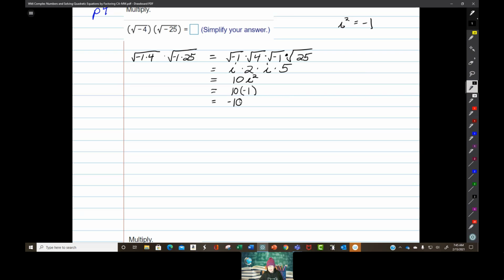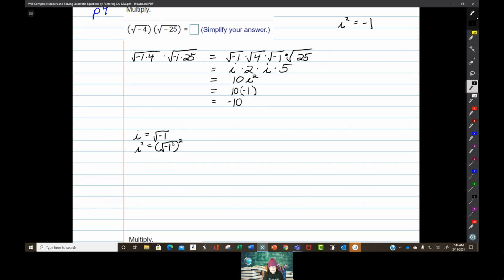Now here's why i squared equals -1. We know that i equals the square root of -1. So i squared equals the square root of -1 squared.